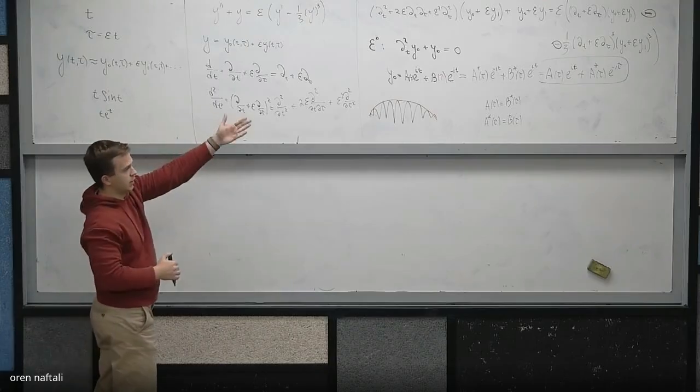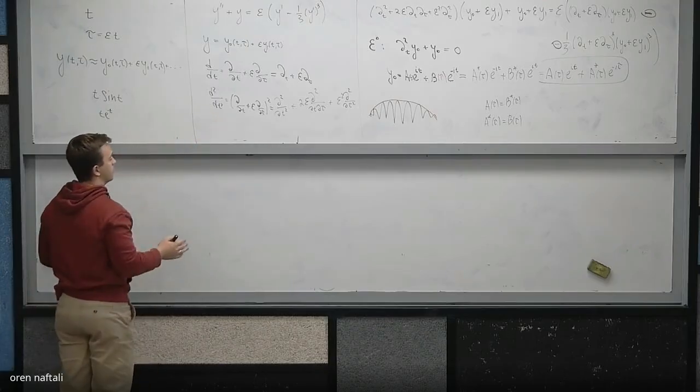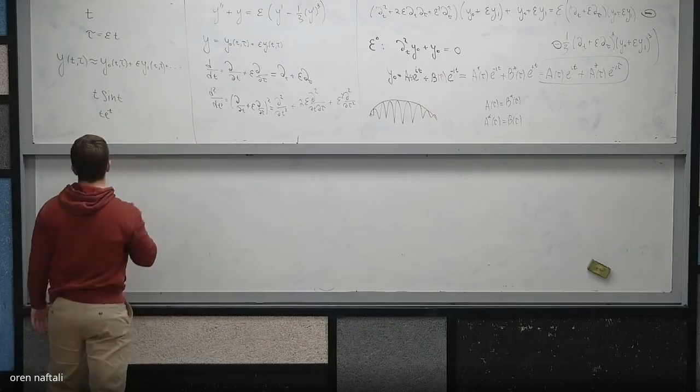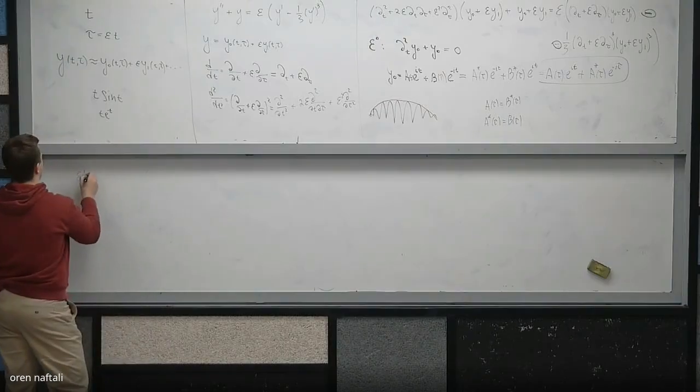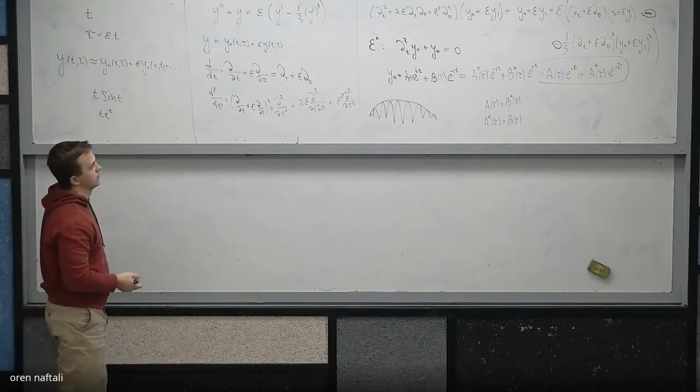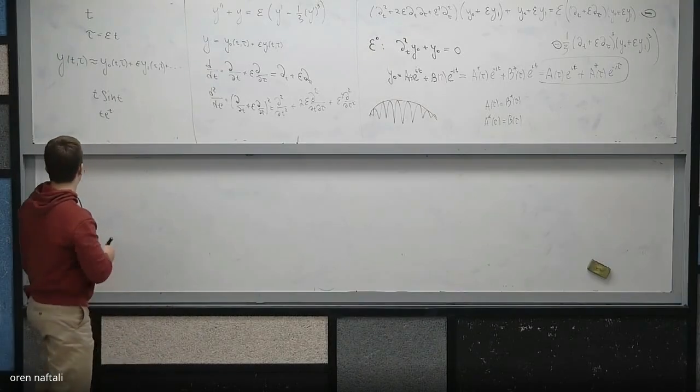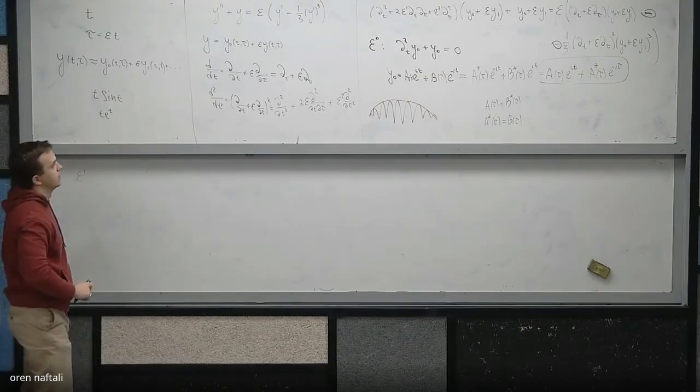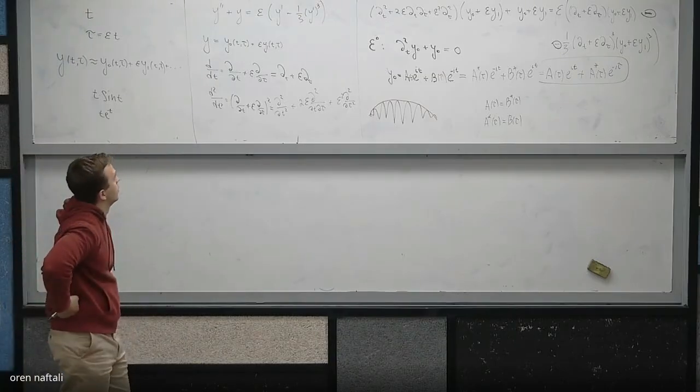But because here we have zero, in the zero order there is nothing special, just a regular harmonic oscillator. So what happens when we collect terms of epsilon?